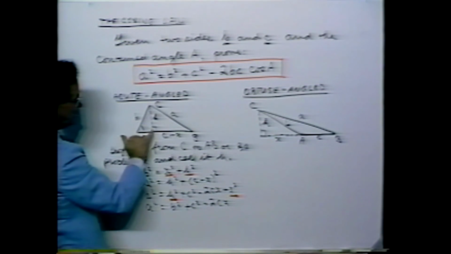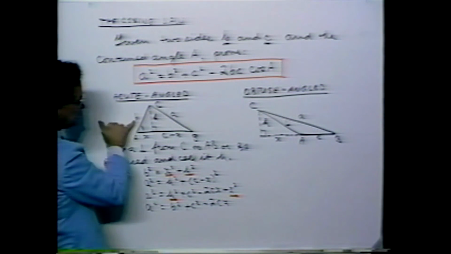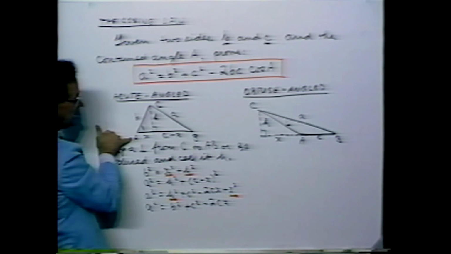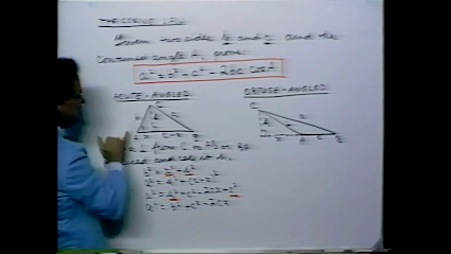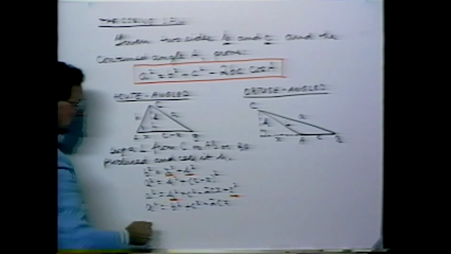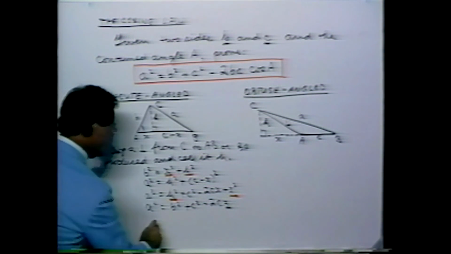Looking at the small right-angle triangle, x over b is the cosine of angle A, or x is equal to b cos A. We replace the x, therefore, by that amount.